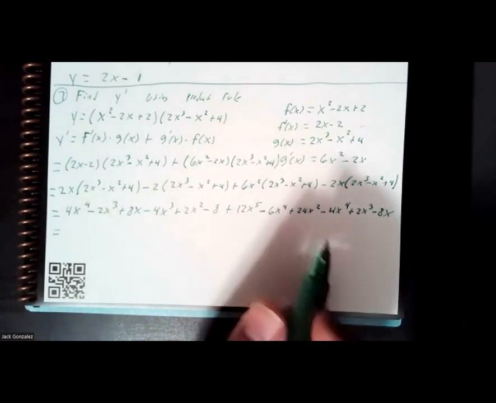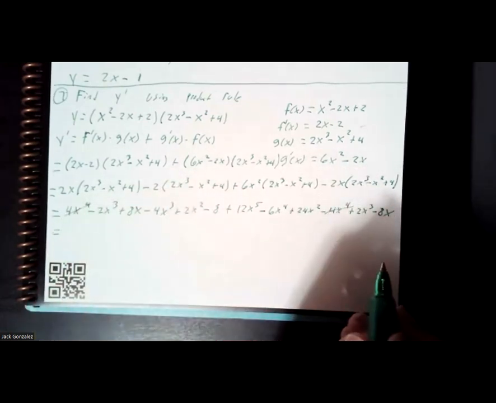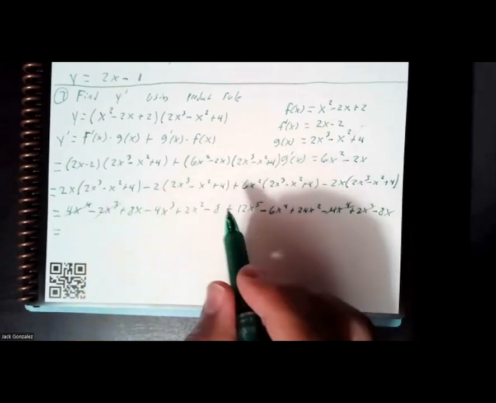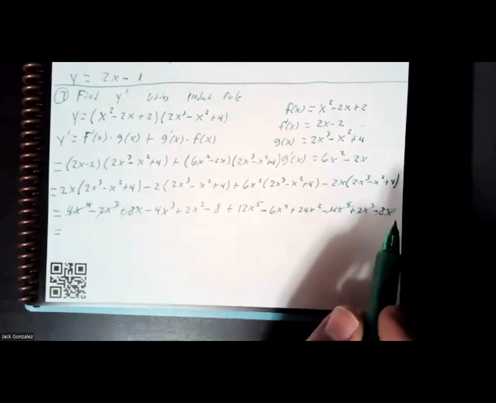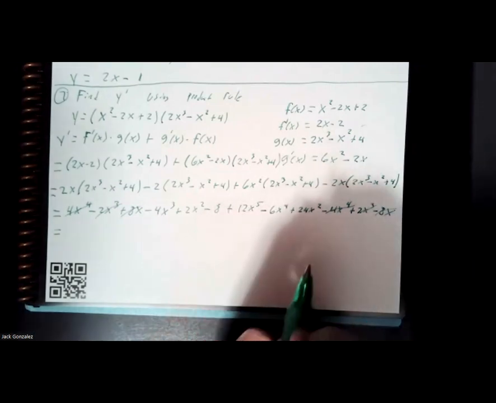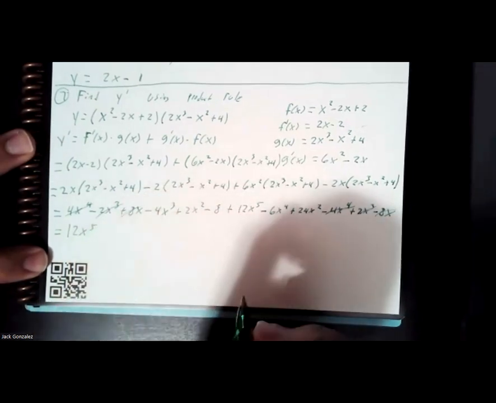Okay. So these cancel. Thank God something does. Cubes cancel. Cool. 8x. All right. I think that's it. 24 and 2 combined. 12x to the fifth is left over.